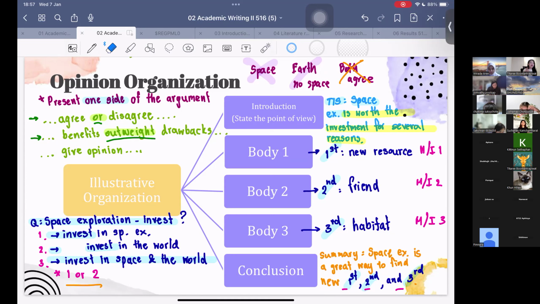So for illustrative organization, you're going to see that all the reasons from the body paragraphs come from the same group, come from the same position. So it's like your whole essay is super clear that I agree with space exploration.